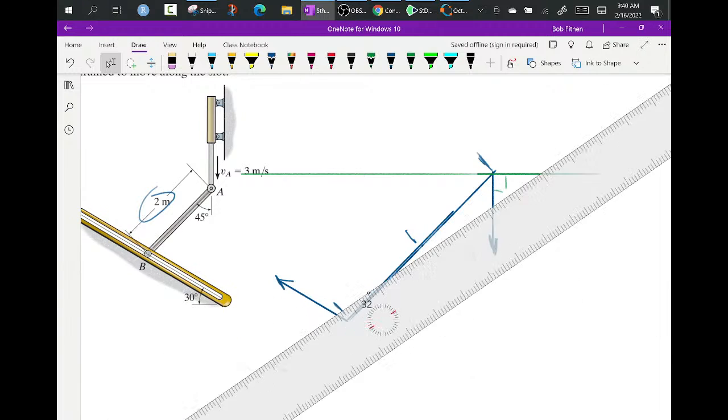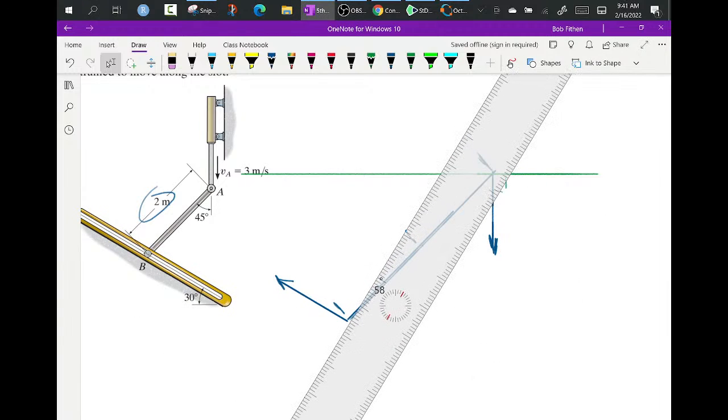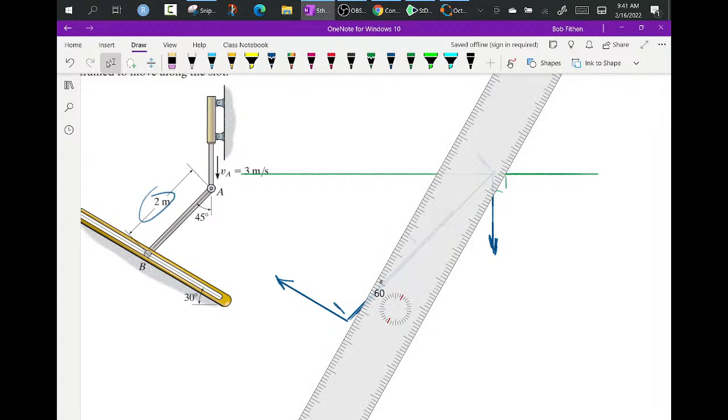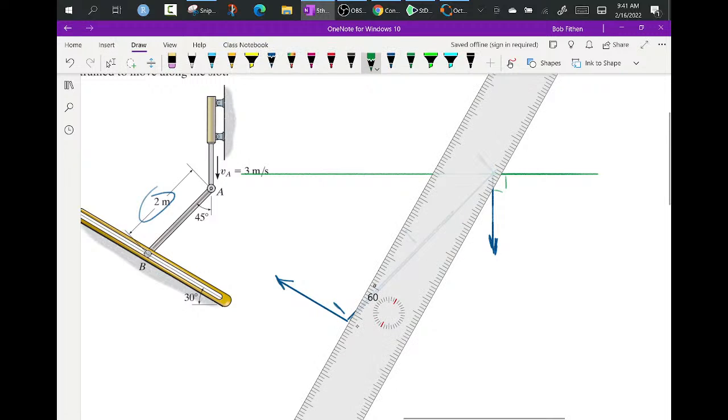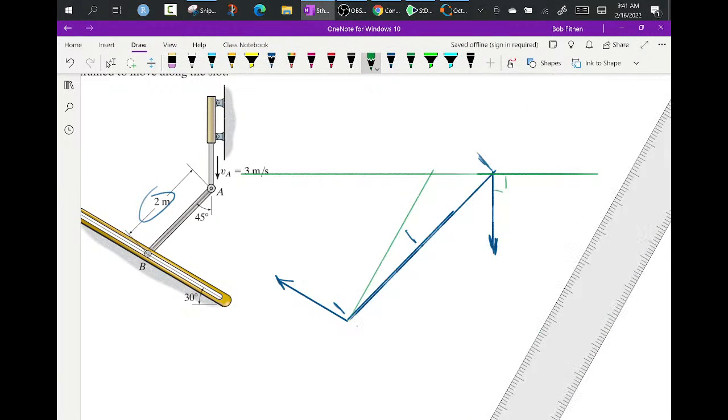So what I need to do is kick that one to 60. Okay. Appears as if this rod is rotating back.